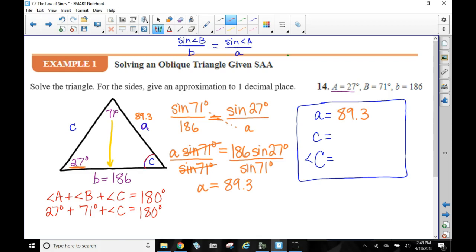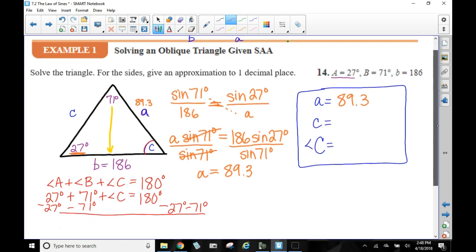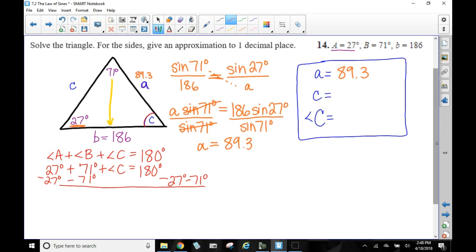So if you subtract 27 degrees as well as 71 degrees from both sides, that will leave us with angle C. Angle C is going to be 180 less the other two angles.